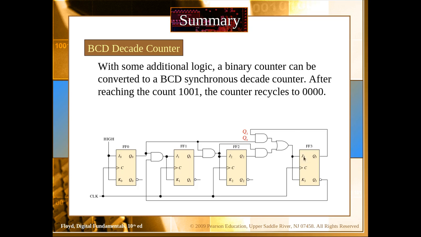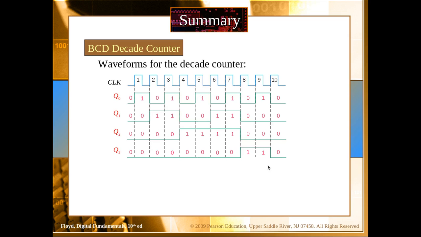There is this assembly here which works as a decoder, which, instead of getting the AND between Q0, Q1, Q2 and Q3, ANDs Q0 with Q3 and Q1 with Q2, and then ORs them together, which would reset the flip-flops after it reaches 1001 to 0000. You can also see from the waveforms that once the counter reaches 1001, at the 9th clock pulse, it would reset to 0000.